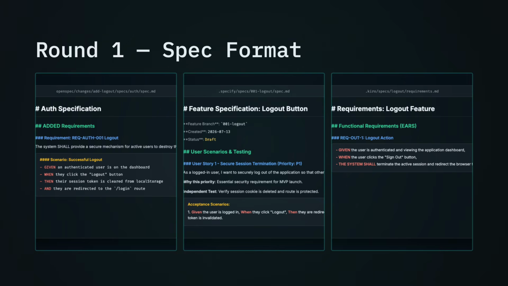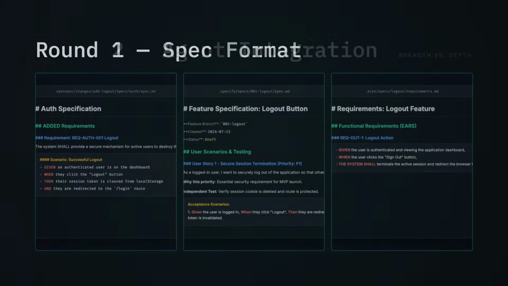Kiro stores its specs under a .kiro folder, written in EARS notation, the Easy Approach to Requirements Syntax, which reads like, when this condition holds, the system shall do this. All three are trying to make requirements unambiguous enough for an agent to implement without guessing. They just disagree on the notation.